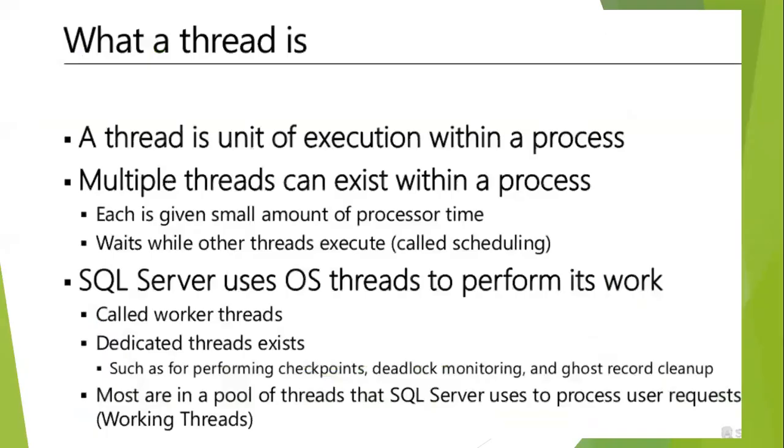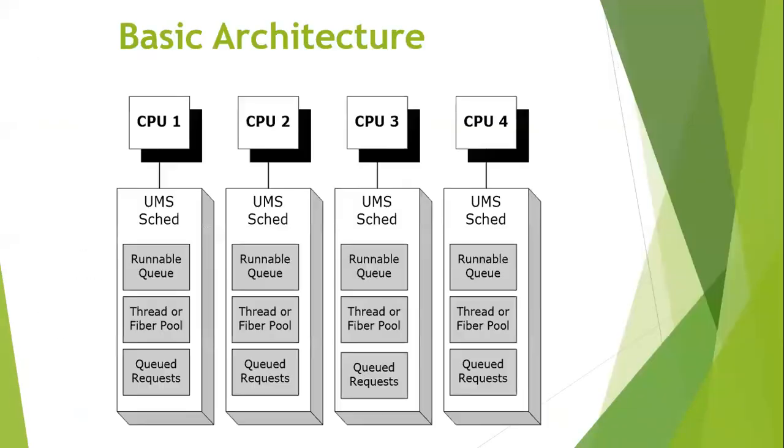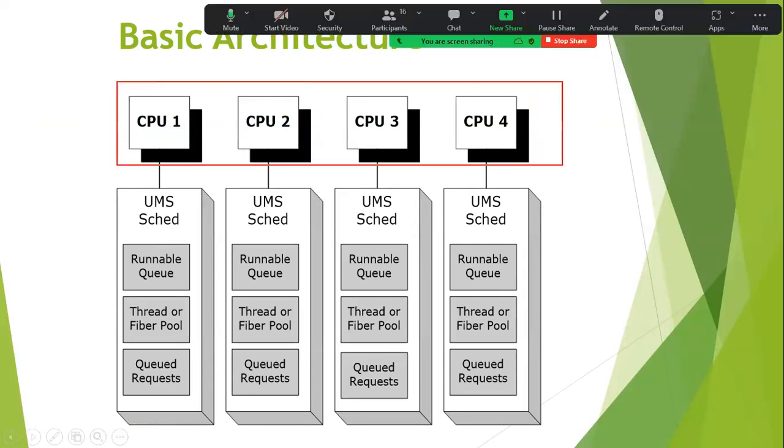We have discussed threads and processes. Each CPU is physical at the operating system layer, and each CPU is bound to one scheduler, which is logical at the SQL Server level. So if you have 4 CPUs, we will have 4 schedulers. Each CPU is bound to one scheduler.